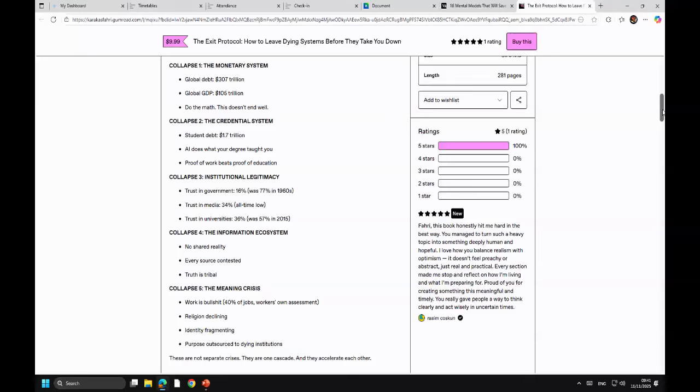The third collapse, institutional legitimacy. Trust is at all-time lows. Government trust, 16%, all-time low. Trust in media, 34%, all-time low. Trust in universities, 36%, all-time low. Everything is collapsing, yeah? Trust is collapsing. And the information ecosystem is collapsing.